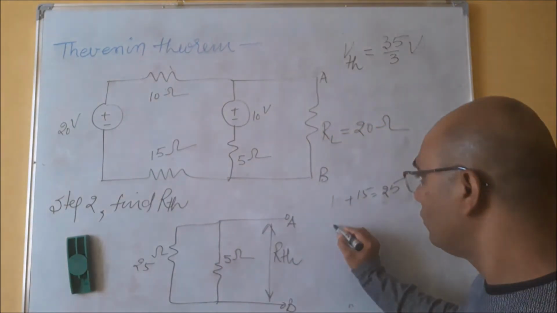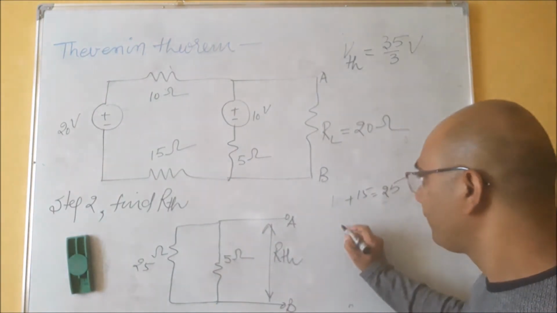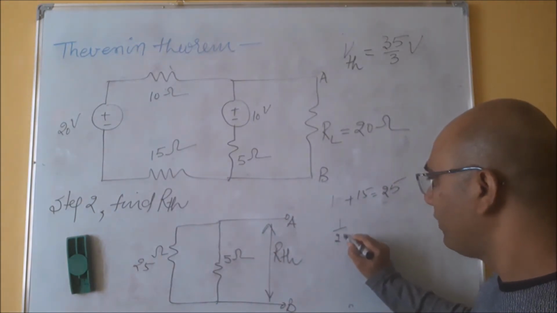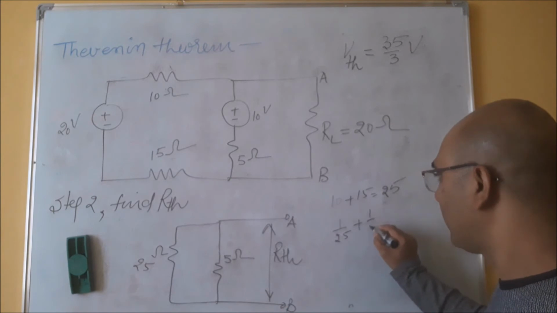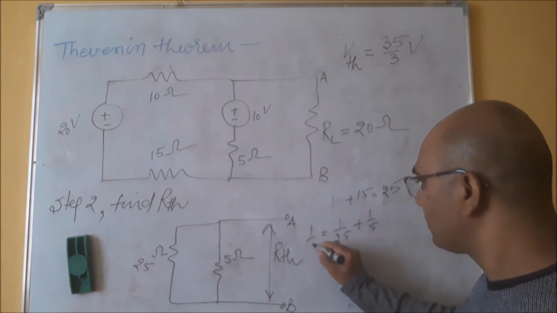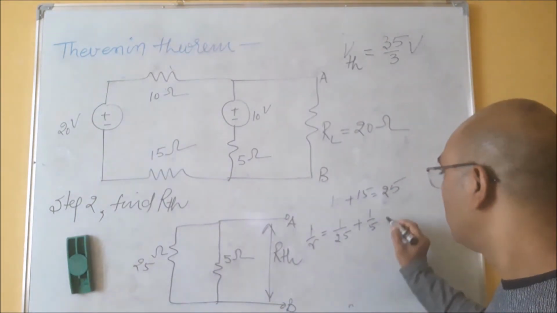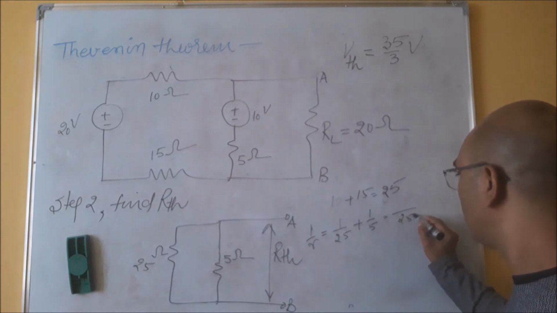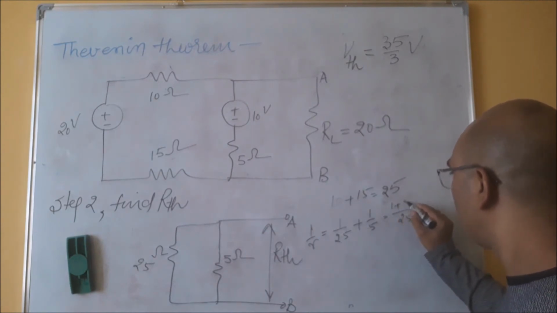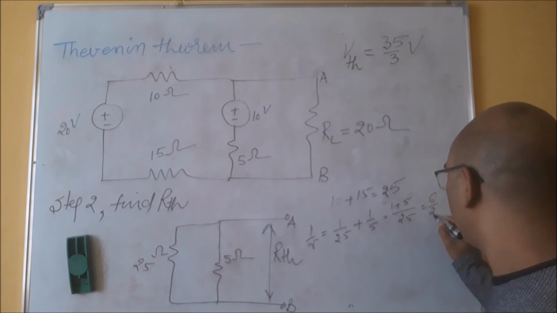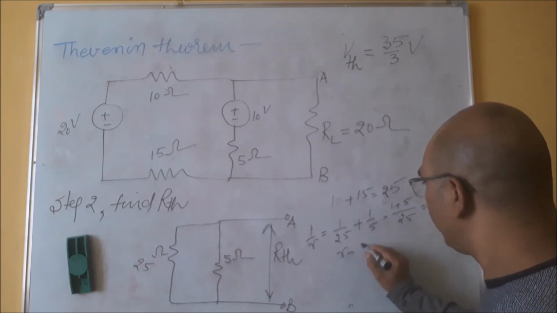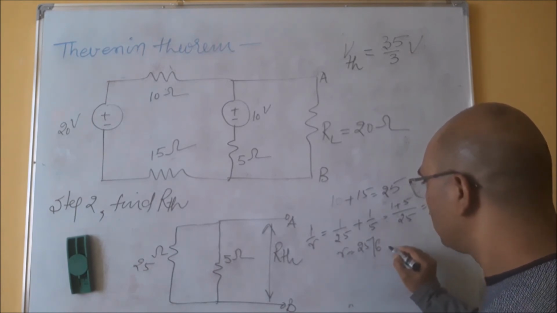So what is the value of this equivalent? 1 upon 25 plus 1 upon 5. Suppose this is R. Solve this: 1 plus 5, so 6 upon 25. So R is 25 upon 6 ohm.